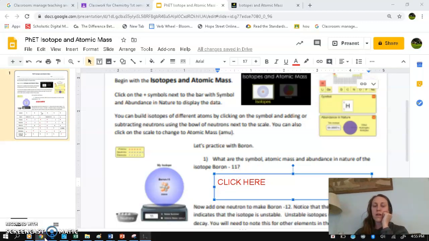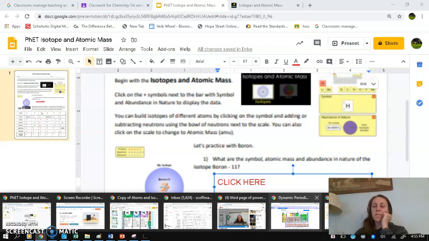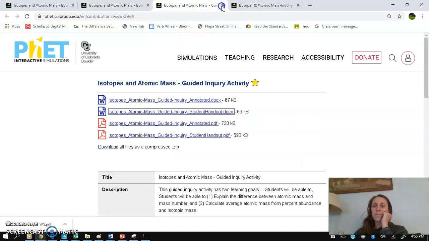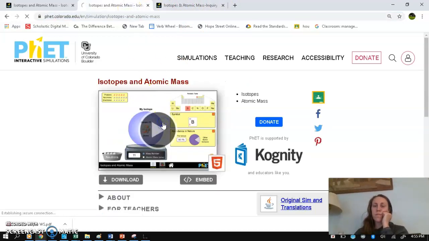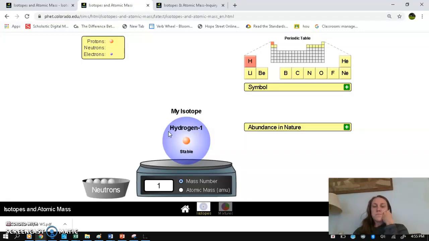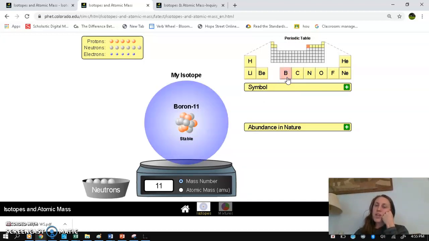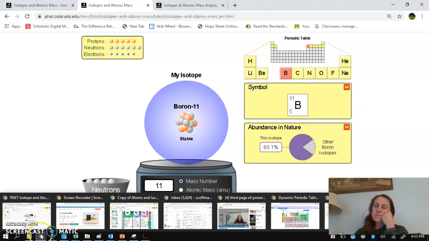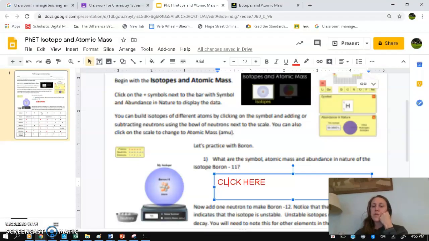So we go here. I'm going to click on boron, B, element 5. Okay, so that's what it looks like. So what's the symbol?